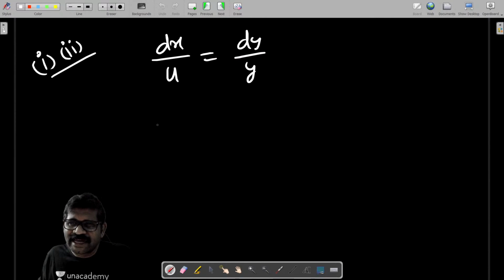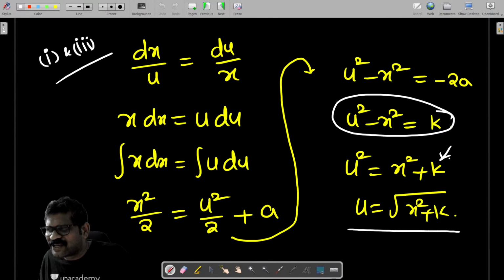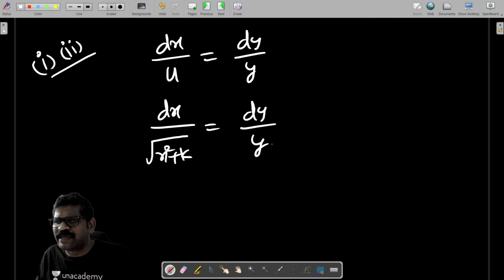Observe here, dx by u is nothing but, just now we have calculated here, u is nothing but square root of x square plus k. Square root of x square plus k equal to dy by y.